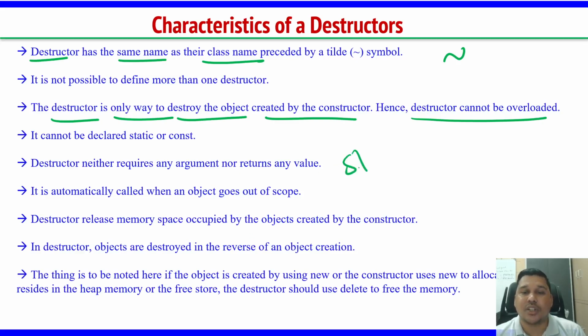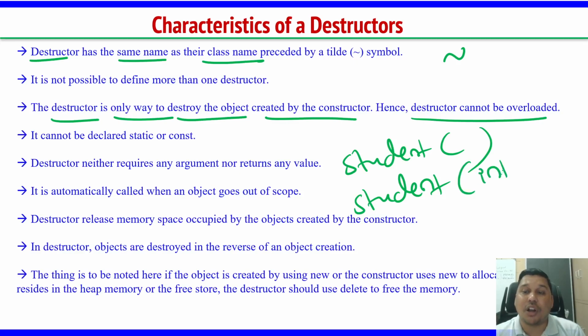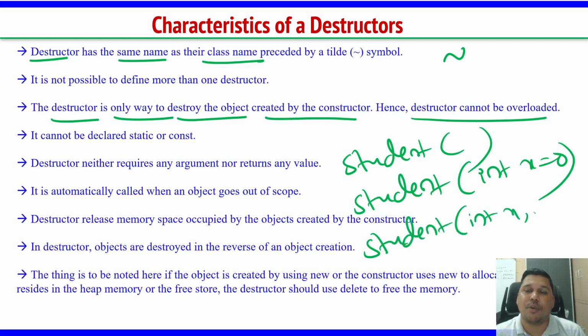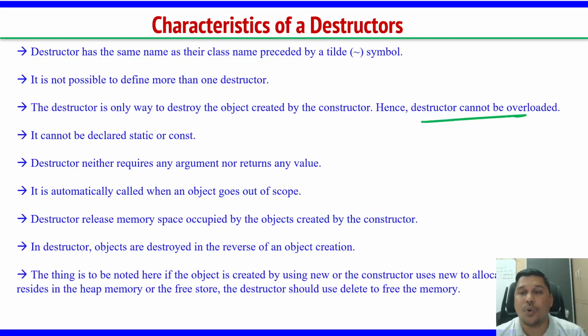You have a constructor student without any values, a constructor student with a default argument, or a parameterized constructor like int x, int y. This is overloading of functions, right? But destructors cannot be overloaded.